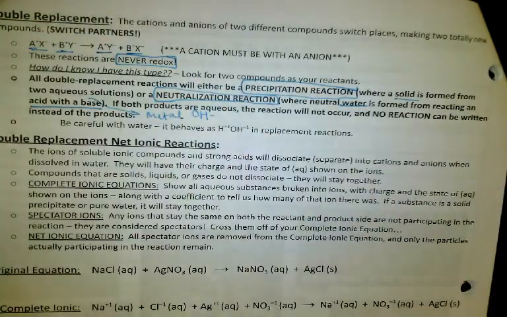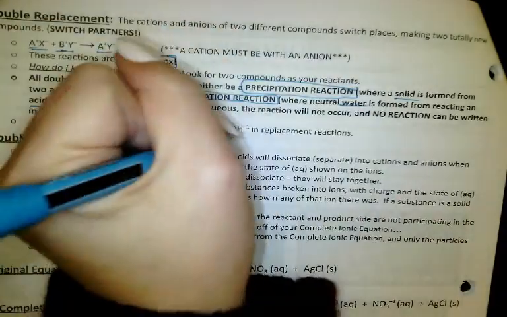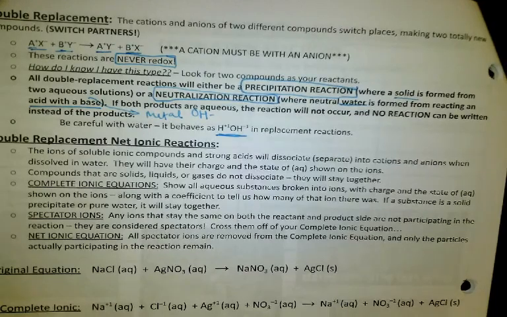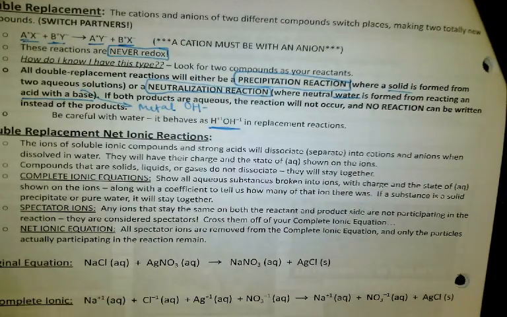So an acid reacting with a metal hydroxide, that is a base. These are going to create new water, and this new water is actually behaving as hydrogen hydroxide. You're going to write it as HOH. If you write water as HOH, it's going to be easier to balance.